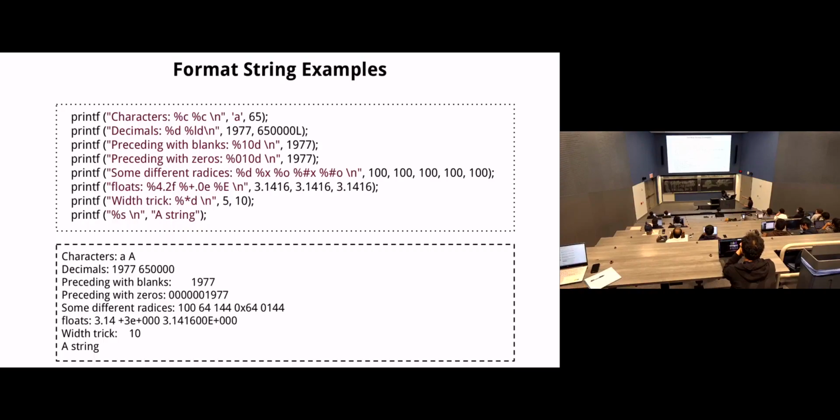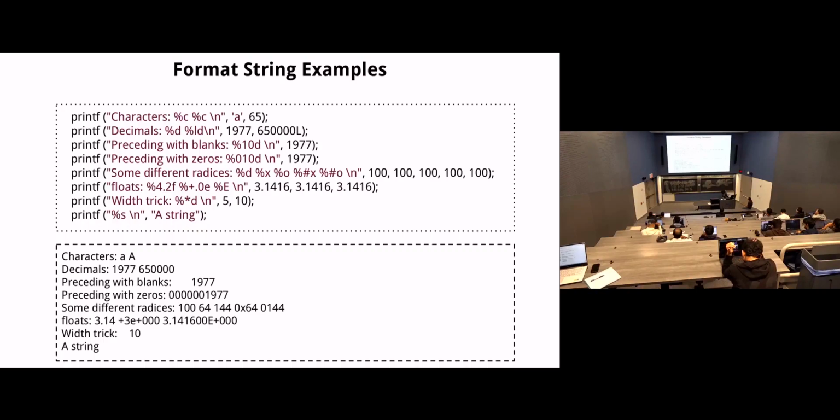We can also specify that we do not want the white space as the padding. Instead we want to use 0, so we can do percentage 010d. In this case, you can see here we have 6 zeros in front of 1977, and in front of that, there is a white space.